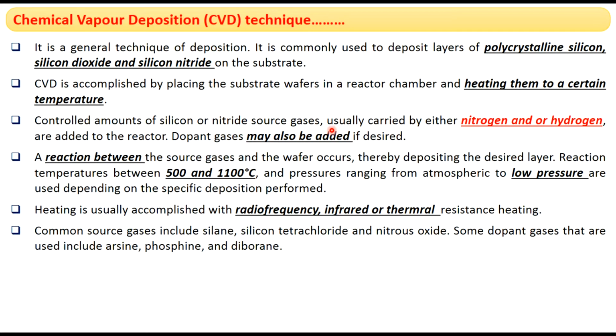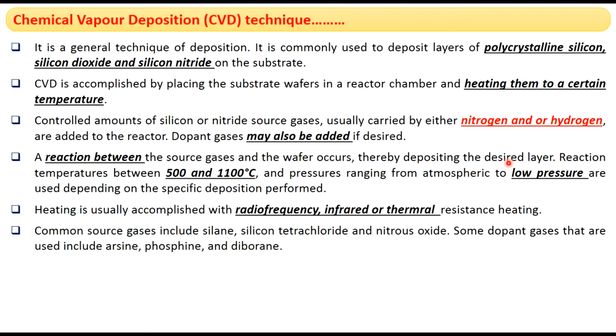So these carriers carry source gases in controlled amounts. In this situation, we can also introduce the dopant gases if desired. Now, a chemical reaction occurs between the source gases and the substrate wafers. This leads to deposition of desired layer on the substrate.